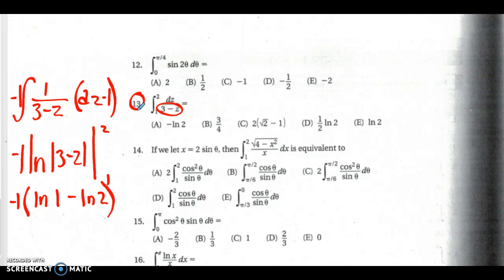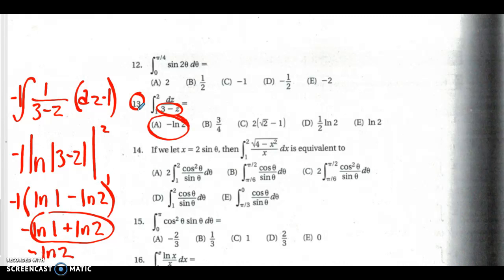So I'll distribute that minus sign, so we've got negative ln of 1 plus ln of 2. I'm going to look at my answers, and I don't see that anywhere. Well, what I do know is that the ln of 2 things added is the same as the ln of 1 thing multiplied. So 1 times 2 is 2. And now I have an answer.